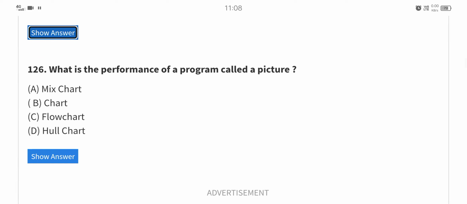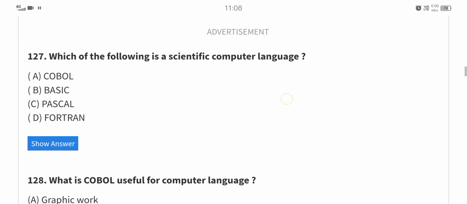What is the pictorial representation of a program called? Flow chart. Which of the following is a scientific computer language? Fortran.